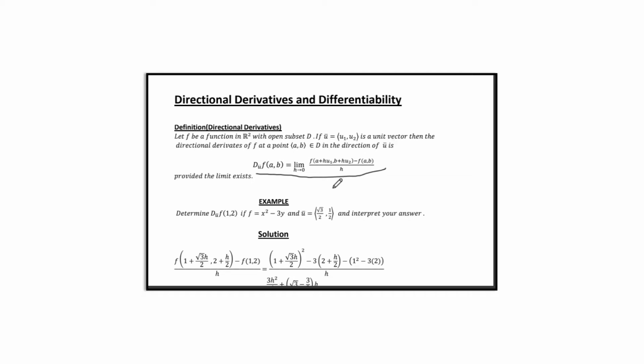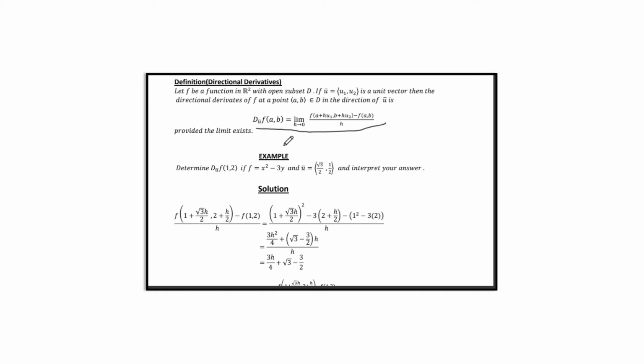In this example they say determine the directional derivative of f, which is x squared minus 3x, at point (1, 2). So you can determine the directional derivative at a certain point (a, b), in this case (1, 2), in the direction of u, and u is given by this.